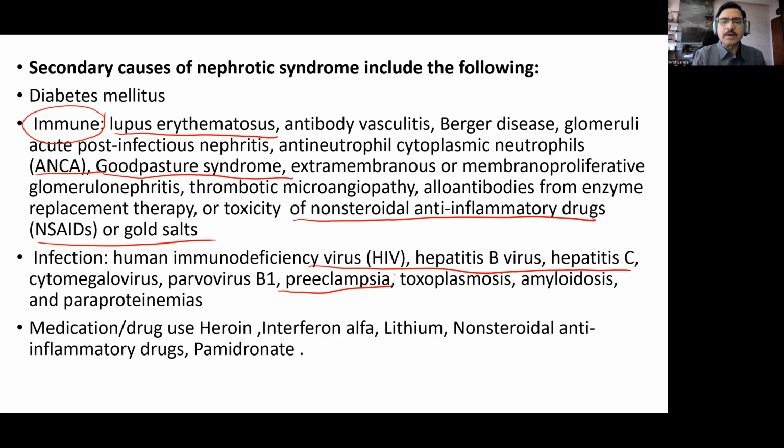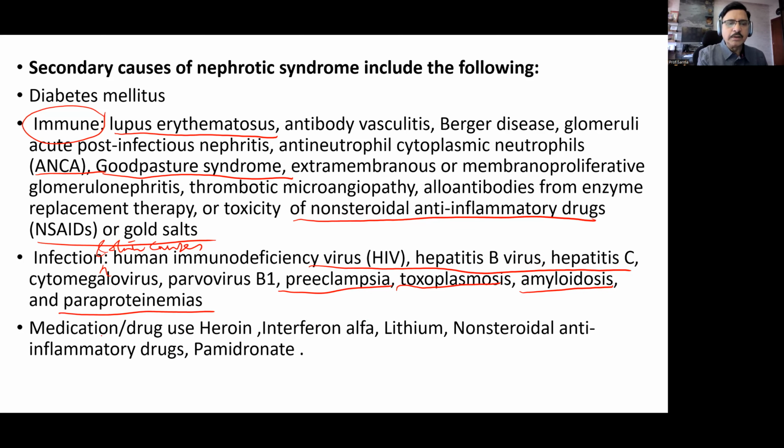So the other causes include HIV, hepatitis B, hepatitis C virus, CMV virus, preeclampsia, parasitic diseases like toxoplasmosis, amyloidosis, and paraproteinemia. You have to put here infections and other causes.